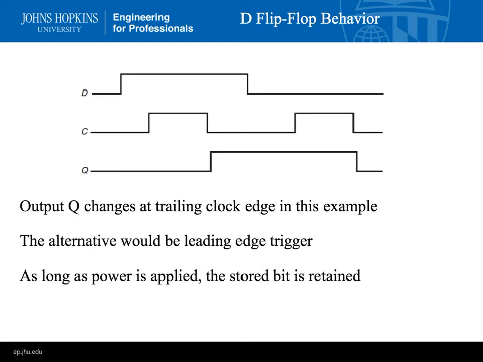So here's a D flip-flop on the falling edge of the clock. On the falling edge of the clock, the output gets asserted because D is asserted. And then at the falling edge of the clock, it goes down because D is down. So it changes with the clock.